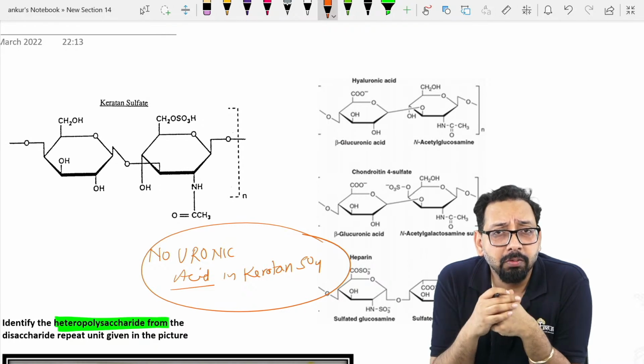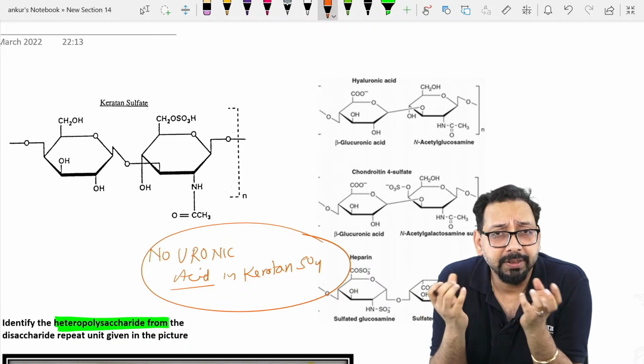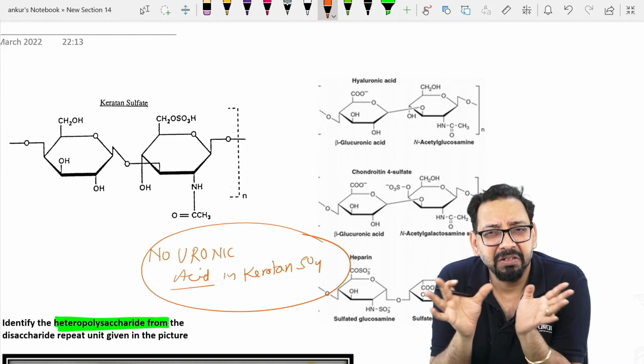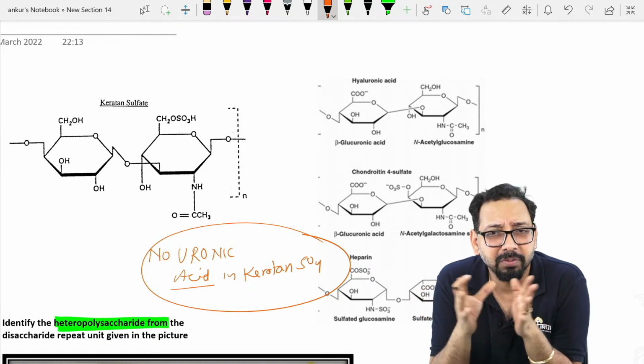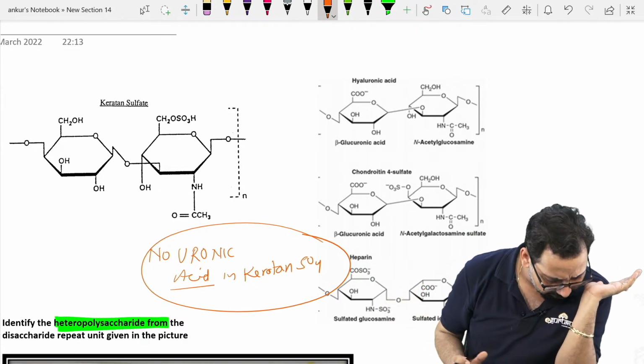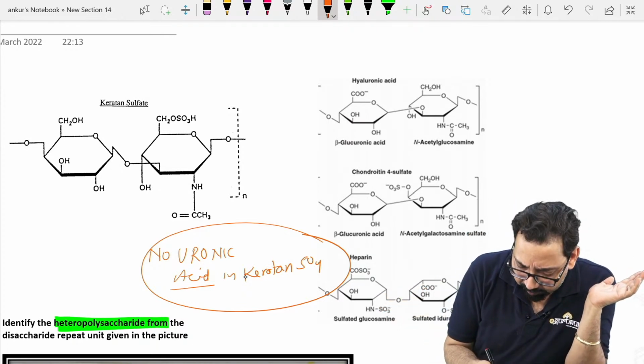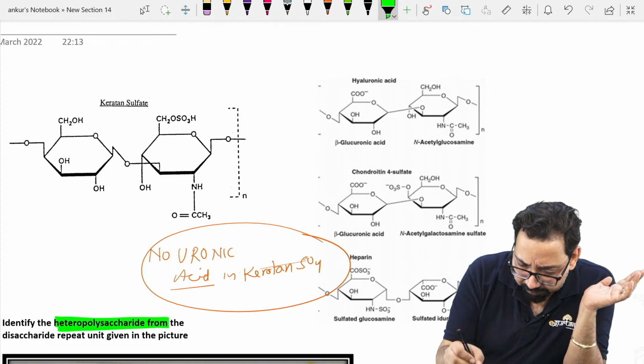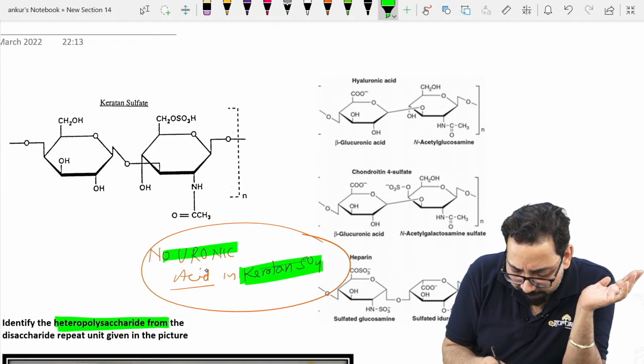Kirtan: you all know that at a Mata jagran there are kirtans, and people don't urinate there, they don't make urinals near the Mata jagran kirtan. So I make a mnemonic like this: kirtan, keratan, no uronic acid, or no acid.